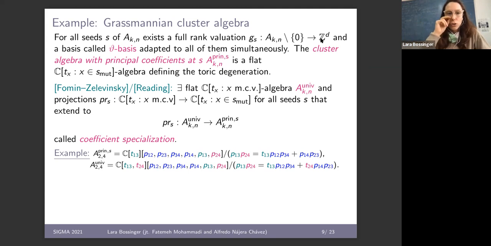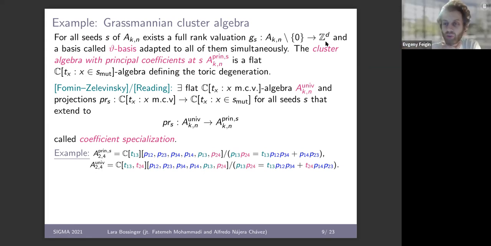This is also the connection of the principal coefficient degenerations to degenerations induced by valuation. These valuations are of full rank, and they have finitely generated value semigroup, so that we can recover the toric degenerations also from Anderson's construction using exactly this valuation.